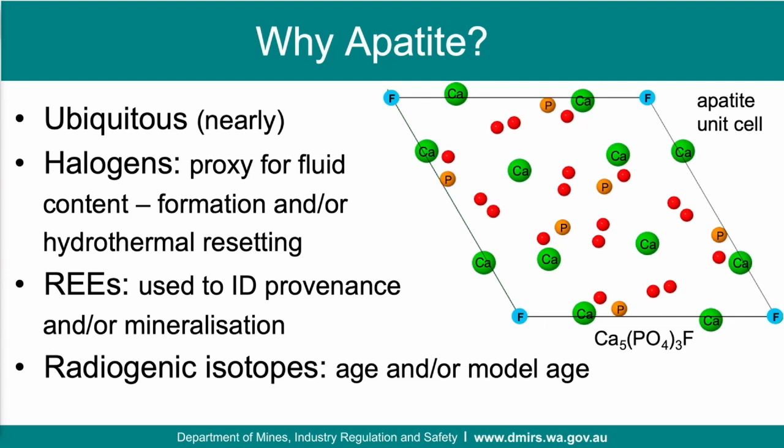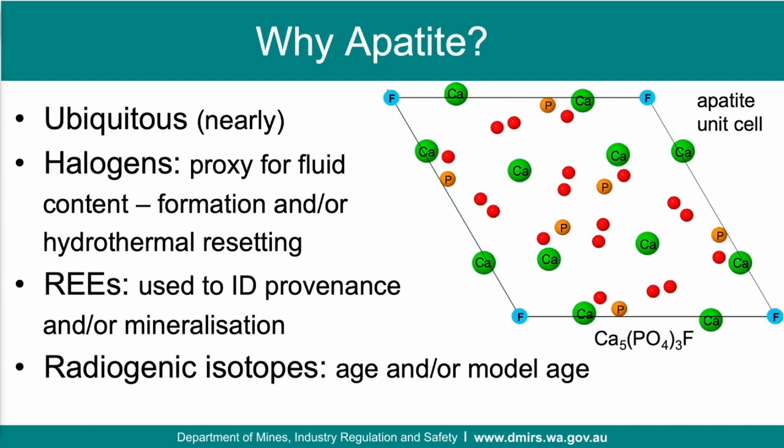So halogens include fluorine, chlorine, but less commonly, or in a lesser amount, bromine and iodine, but it also contains water, hydroxyl, OH. But I'd also like to point out that chlorine is one of the major ligands that moves metals in hydrothermal environments.